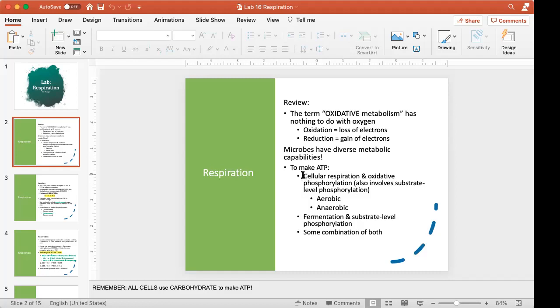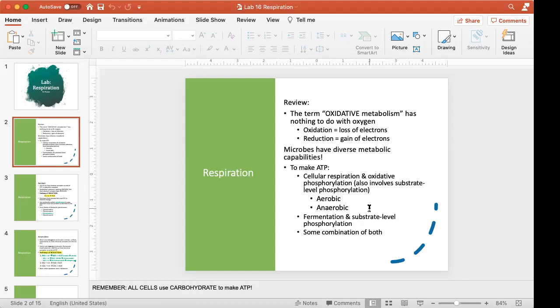So these oxidative reactions, cellular respiration and oxidative phosphorylation, most of the ATP is made through oxidative phosphorylation, but a little bit of extra is made using substrate level phosphorylation. This happens in both the aerobic version and the anaerobic version.